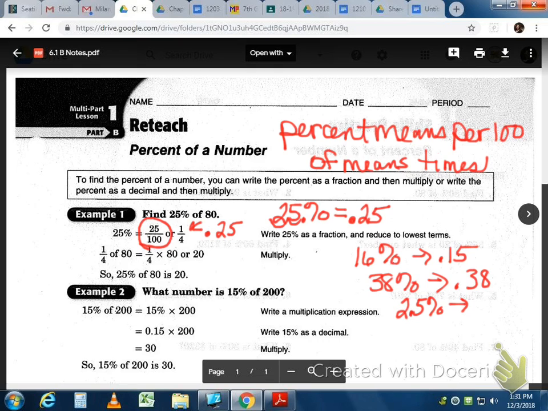Sarah? 0.025, because you would be going boom, boom, and there would be one empty place in front. So you're moving the decimal 2 places to the left. What if it was 5%? What would that be as a decimal? 0.05. Because the decimal's here, because you don't see it, it's to the right, and you go 1, 2, 0.05.